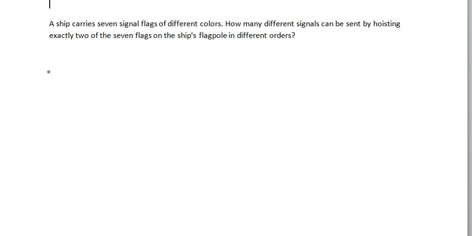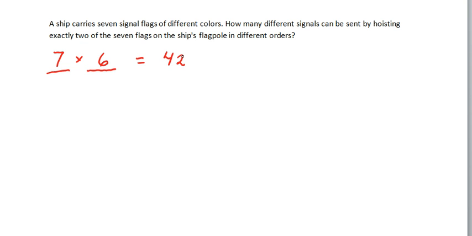Well, this time we are building a signal using 2 flags. And so we can use 7 different flags in the first position and 6 different flags in the second position. So 42 different messages.